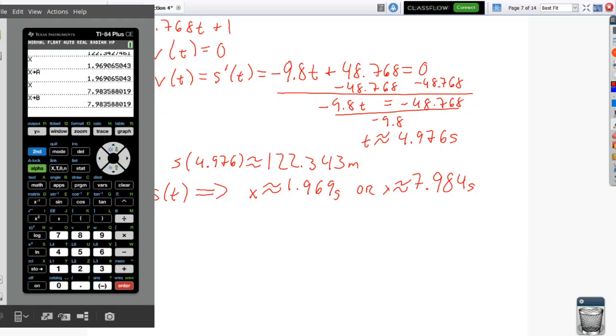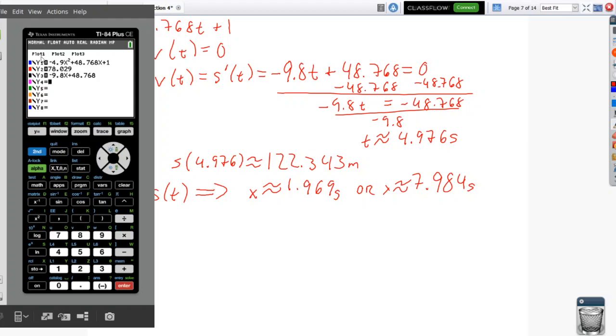I can now take that velocity equation and plug it into y3, that negative, nope, wrong one, negative 9.8t plus 48.768.